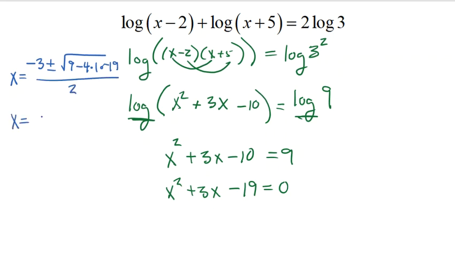So I got x equals negative 3 plus or minus the square root of. Now listen, some of you, or maybe even like me, are a little bit nervous. Don't be afraid to use a calculator. 4 times 1 times negative 19 is negative 76. 9 minus negative 76 actually turns into a positive. So that's 9 plus 76, which is 85, again, divided by 2.